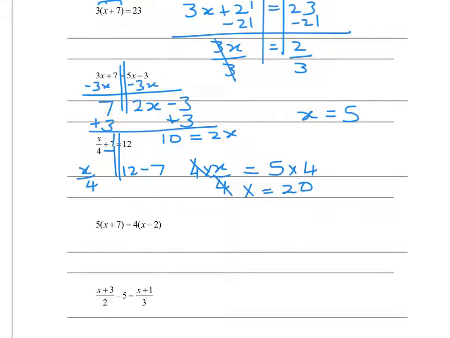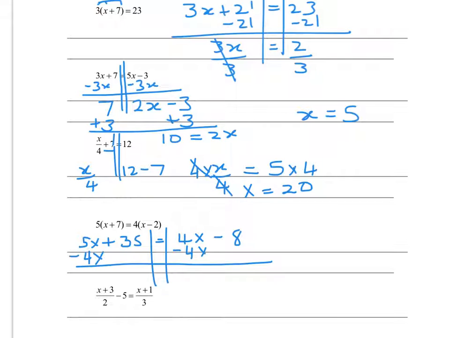This example here, I'm going to get rid of my brackets first by expanding. So 5x plus 7 5's is 35 equals 4x minus 8. 5x has the most on that side, so I'll get rid of my 4x, minus 4x on both sides.